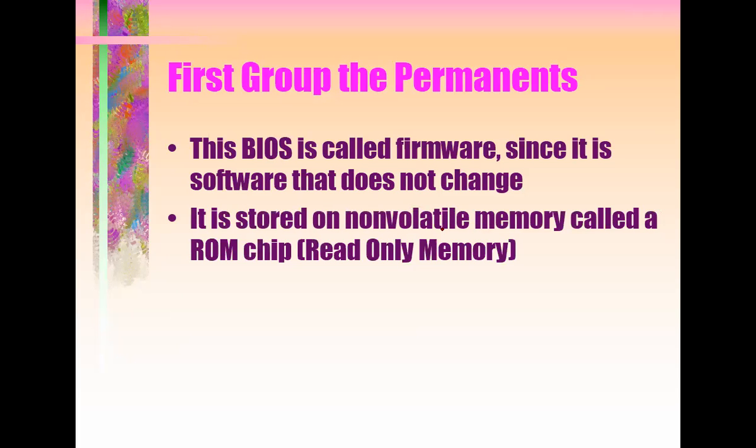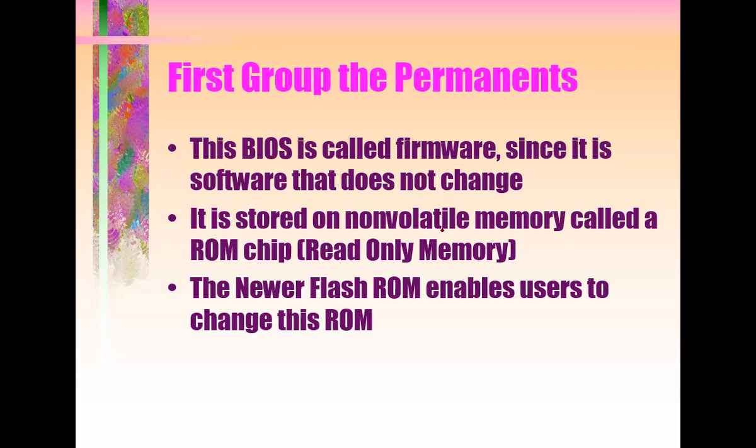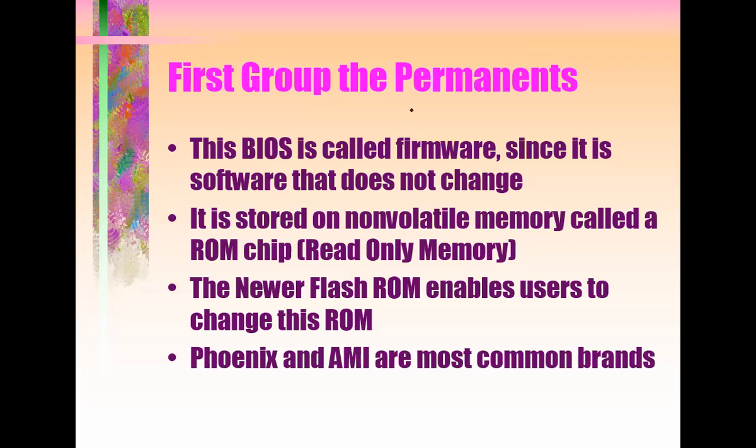It is stored in non-volatile memory, the ROM. I talked about this. The newer flash ROM enables users to change this ROM. So there is also some ROM which allows the user to modify. That is flash ROM, right? Phoenix and AMI are the most common brands in these permanent things.